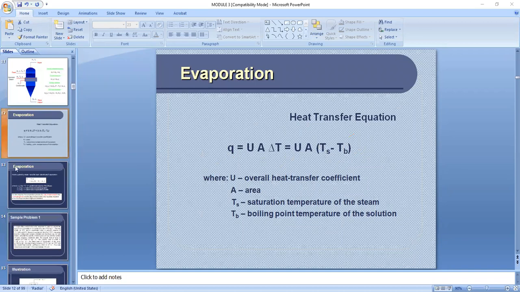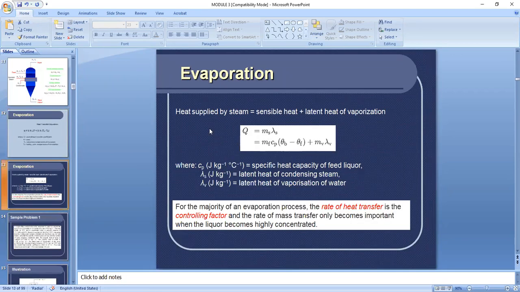Now, I will continue. In evaporation, we can also have this one. The heat supplied by the steam is equal to the sensible heat plus the latent heat of vaporization. The Q that is supplied by the steam is equal to ms lambda s actually.